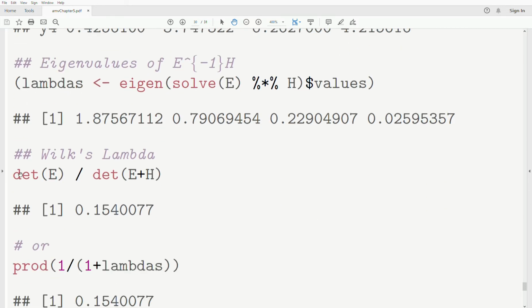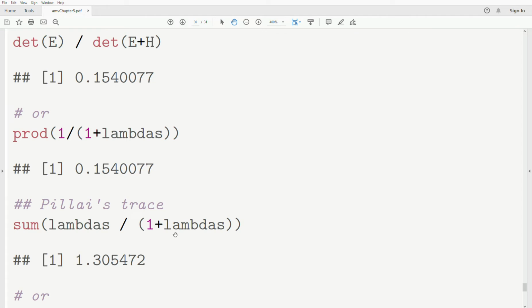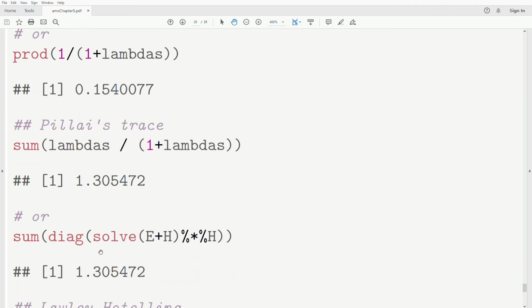So Wilks' lambda is the determinant of E divided by the determinant of E plus H. Or you could just take the product of these lambdas like this, 1 divided by 1 plus lambda. Pillai's trace is the sum of these lambdas, which is 1.3, or you could take the trace of the inverse of E plus H times H, and you get the same thing.